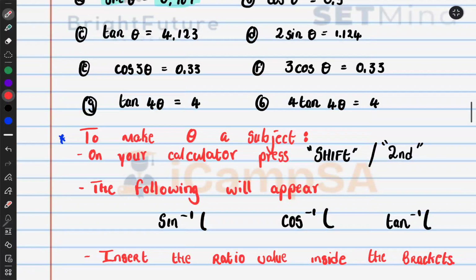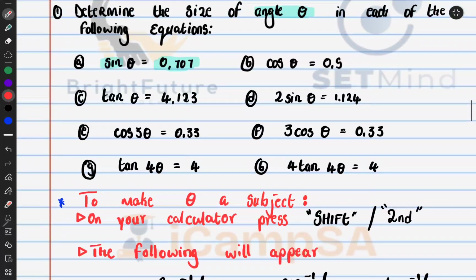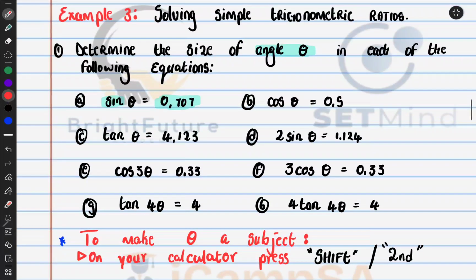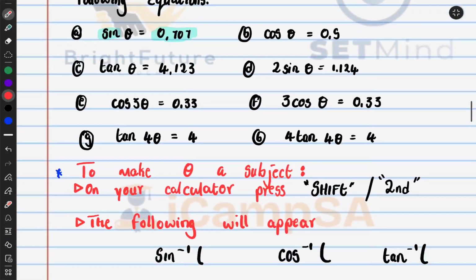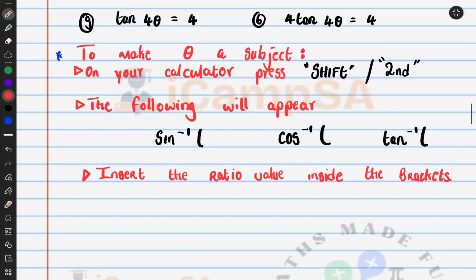Okay, so basically those are the steps that you follow in order to solve for angle theta, if you are given a ratio and you are asked to solve for the angle theta. Okay, now let's go ahead and actually answer the questions.